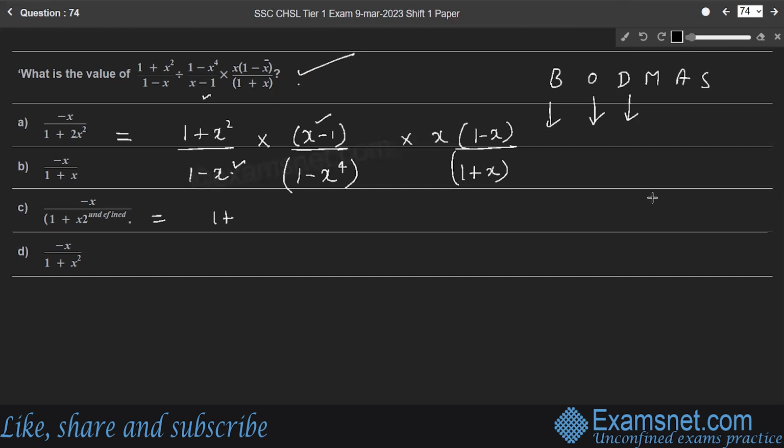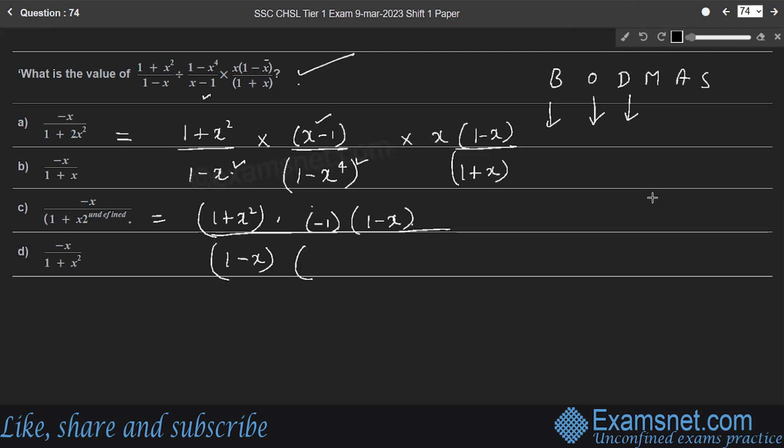So 1 plus x square into minus 1 into 1 minus x. Instead of x minus 1, we'll write 1 minus x into minus 1 divided by 1 minus x into.